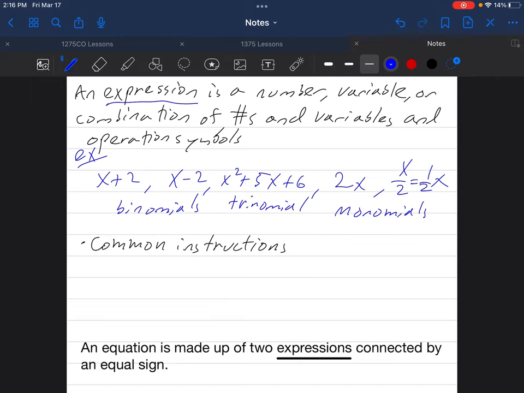When you are working with expressions, very commonly you will see a set of instructions maybe to combine. Combine these polynomials, combine these rational expressions, right? Maybe perform the indicated operation.